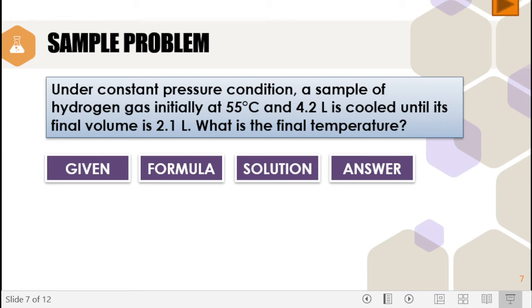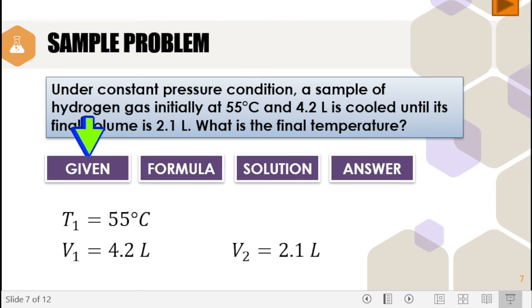Let us begin with the first step, which is finding the given. Based on the problem, the initial temperature, T1, is equal to 55 degrees Celsius. Then, the initial volume is 4.2 liters. We also have the final volume, V2, which is equal to 2.1 liters.